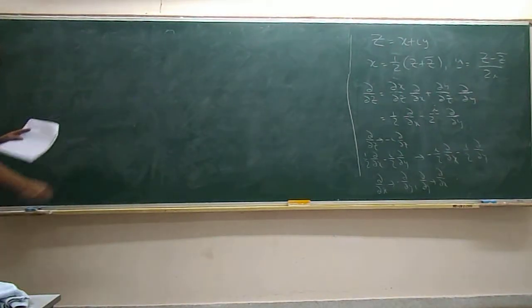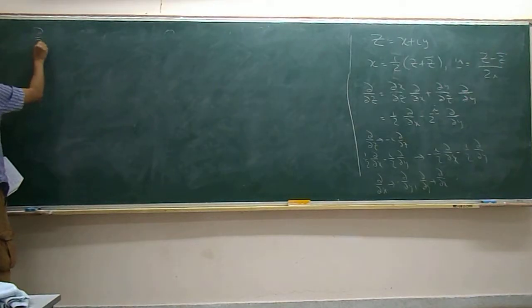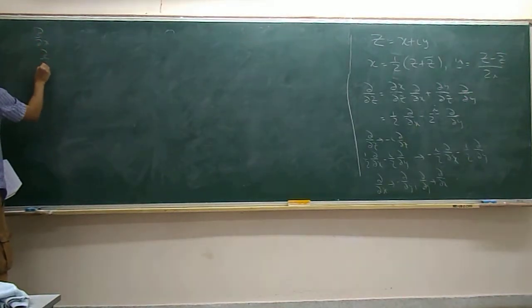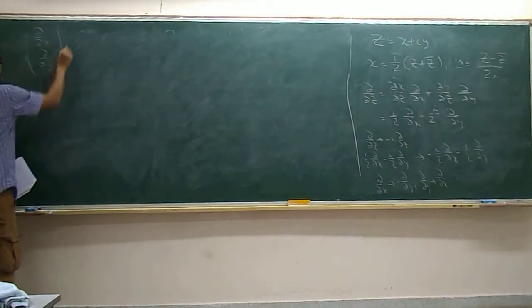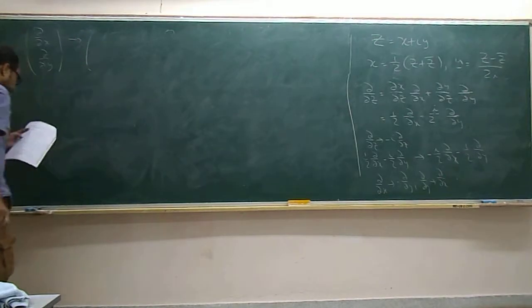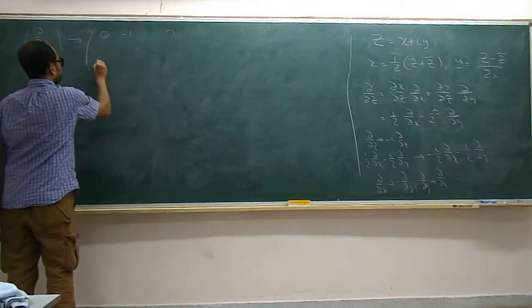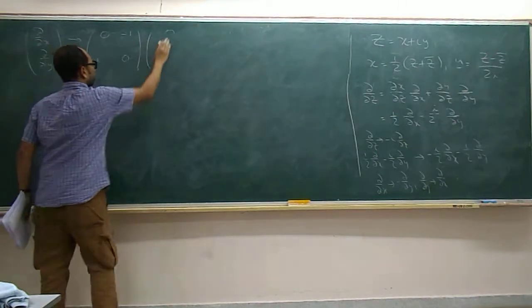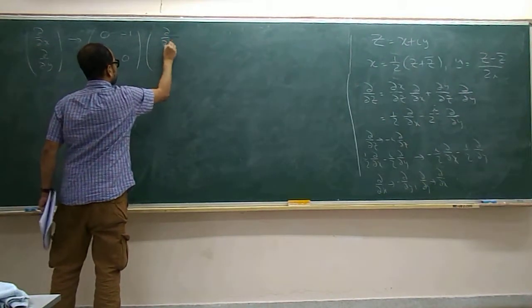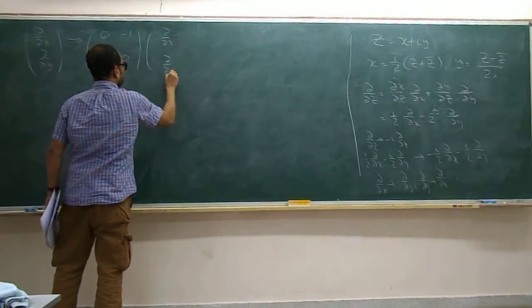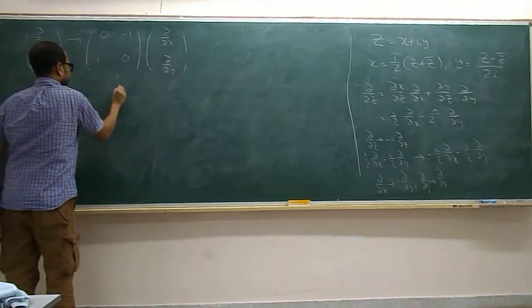So in the matrix form, I can write (del/del x, del/del y) goes to the matrix (0, minus 1; 1, 0) acting on (del/del x, del/del y). Okay, so this is our complex structure.